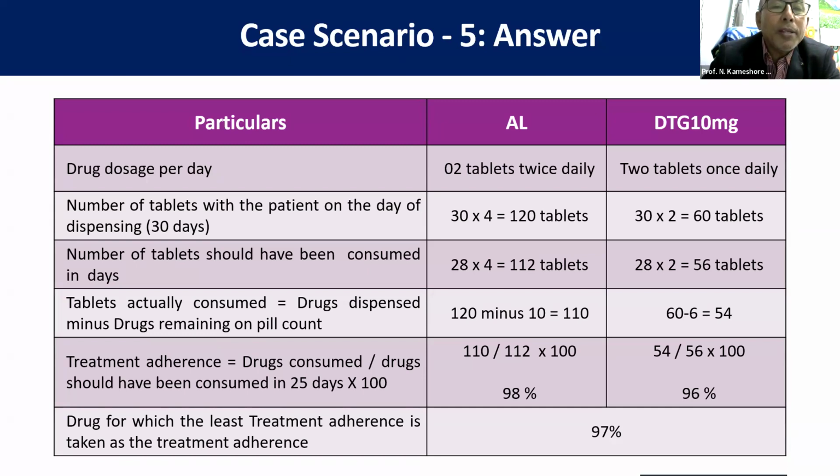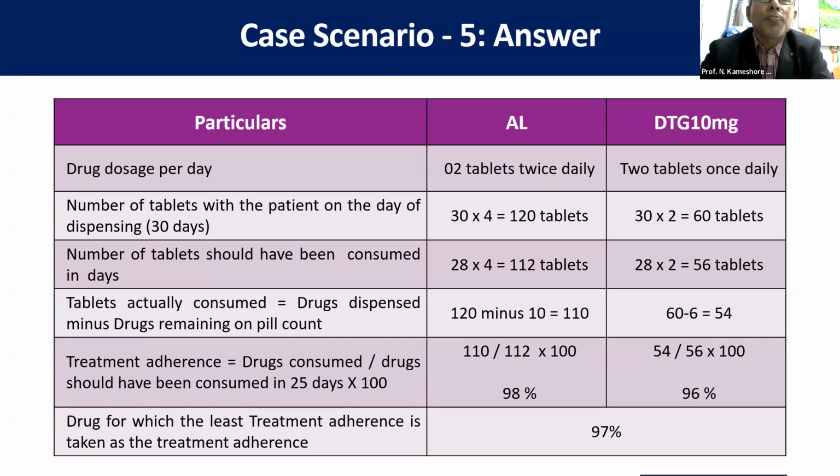So treatment adherence comes as 110 divided by 112 into 100 in case of the AL, 54 divided by 56 into 100 in case of the dolutegravir. So that is 98% adherence and 96% adherence. The drug with the least adherence is taken as the treatment adherence. So treatment adherence is average of 97%.